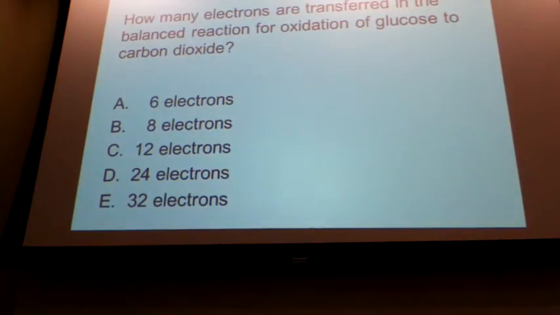So you need to split that apart into an oxidation half reaction and a reduction half reaction, and you have to balance. Do you remember what you balance? How do you balance oxygen and hydrogen? To balance hydrogen, what do I add?